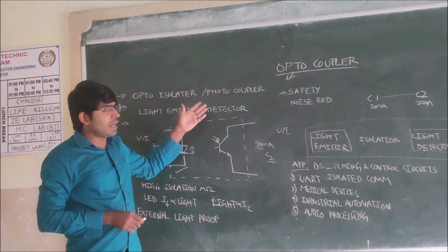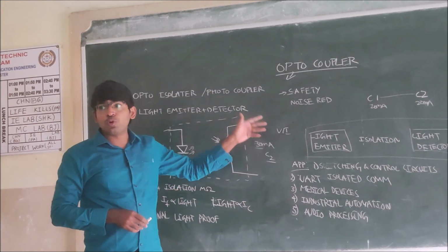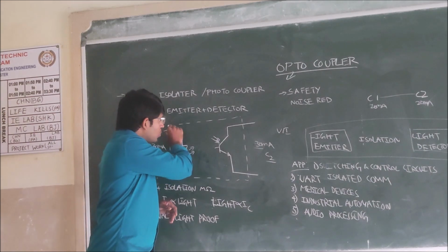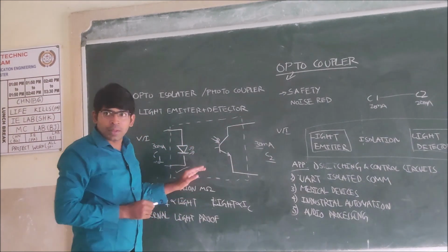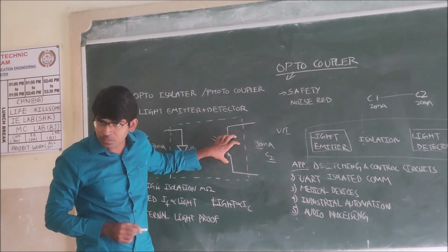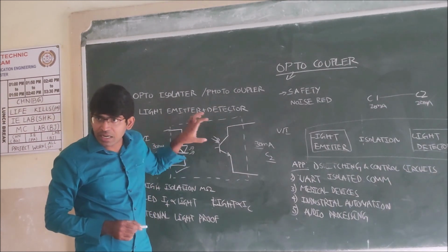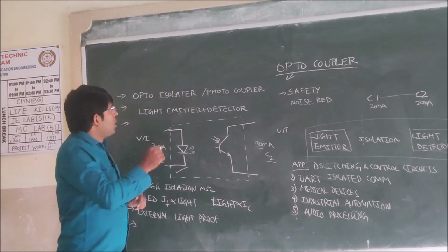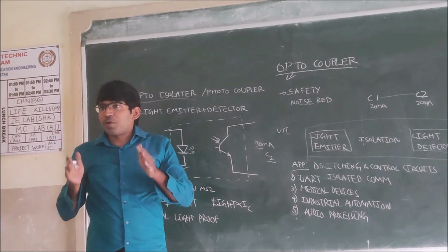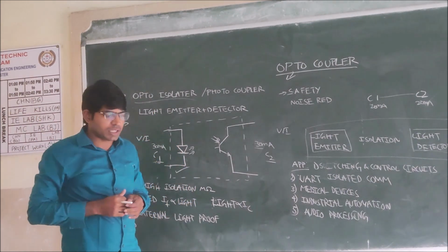Sir, if outside light is coming, then the output may change. That's why we have to make sure that outside light does not fall on the phototransistor. It should be external light proof. This device we call an opto-isolator because it is providing complete electrical isolation.